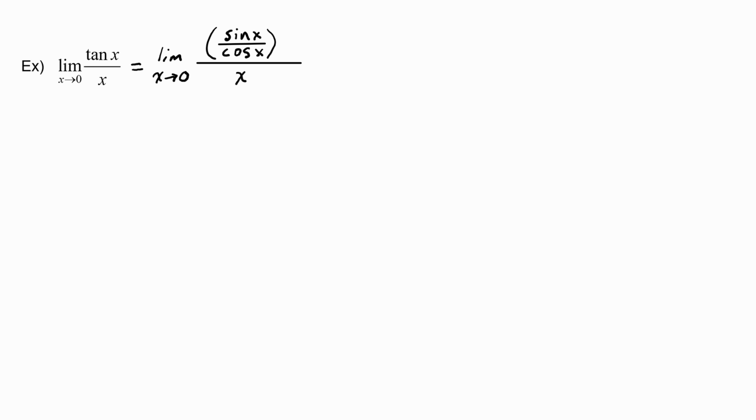And remember, if you have something in the form of a over b over c, that's the same thing as a over b times 1 over c, which is a over b times c.